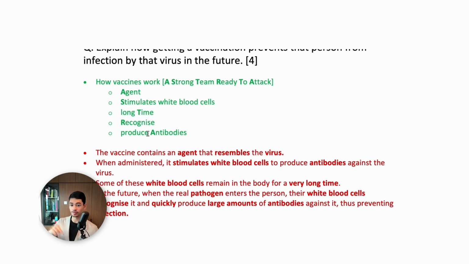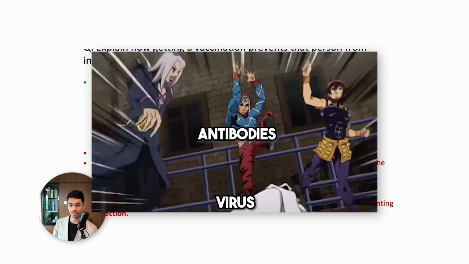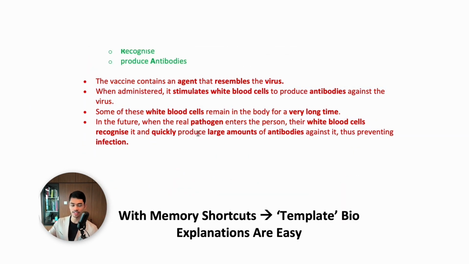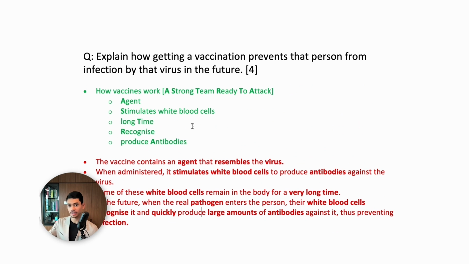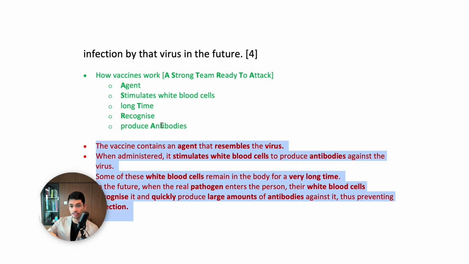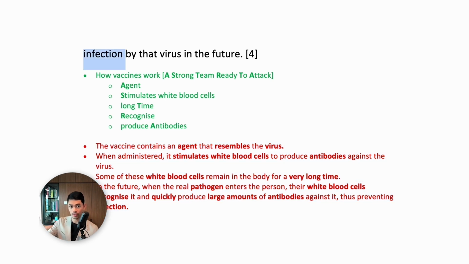When the real pathogen invades, they will quickly recognize it and produce large amounts of antibodies. So that is the predetermined explanation. Fantastic, right? This one is rather easy. So we are giving bio content to explain this line, which is how vaccination prevents a person from infection in future. So this is the bio content reason for this outcome.